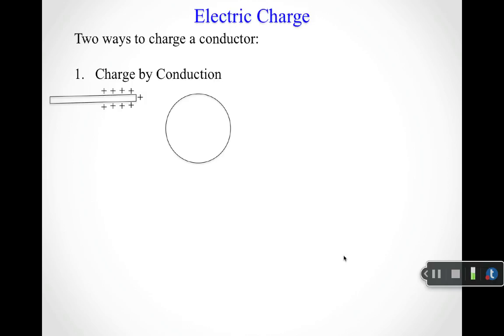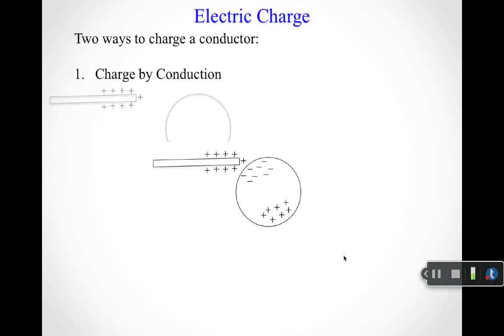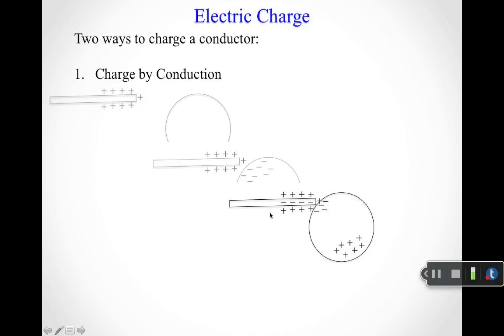Now there are two ways that I can charge a conductor. One is called charging by conduction. As I'm charging by conduction, I'm going to bring my rod up close. Again, I'll see that my charges move freely in response to that rod.